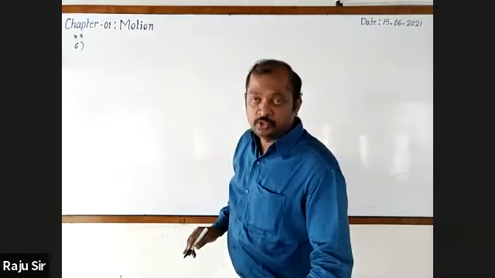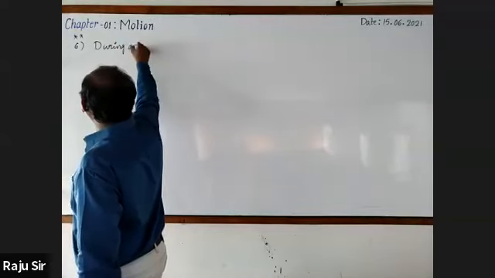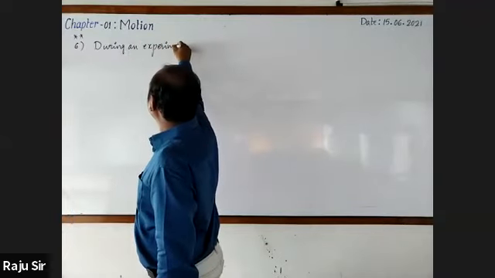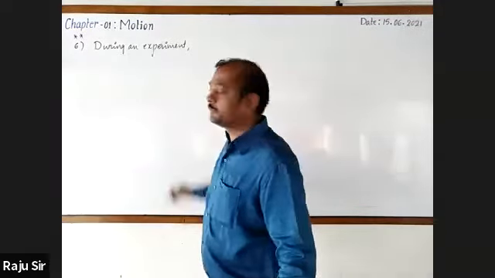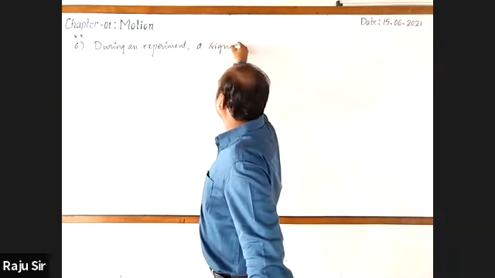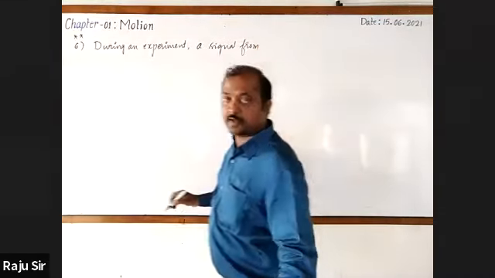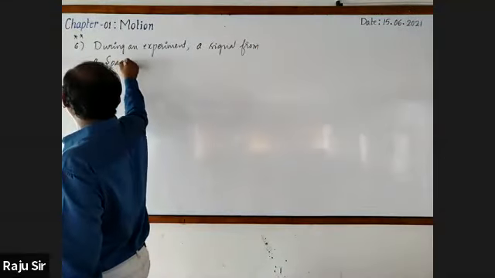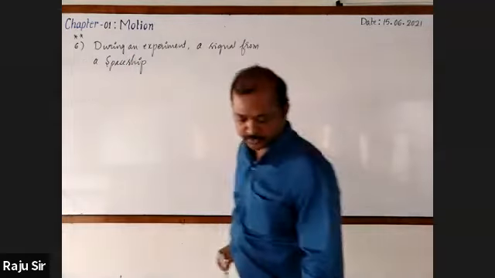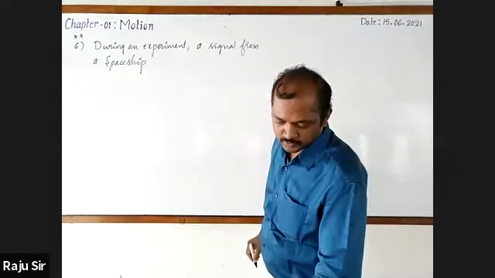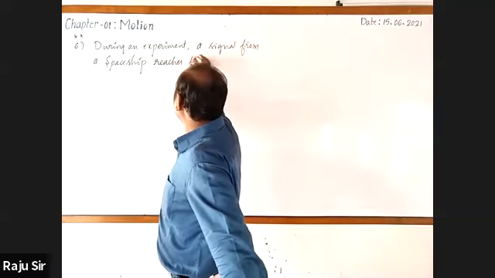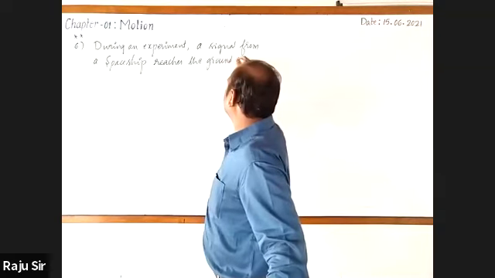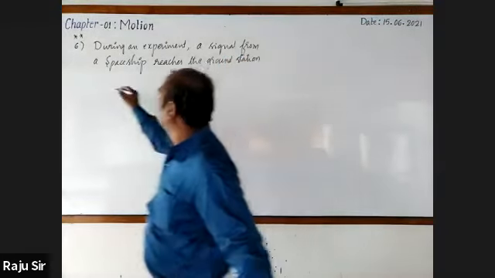During an experiment, a signal from a spaceship reaches the ground station in 5 minutes.